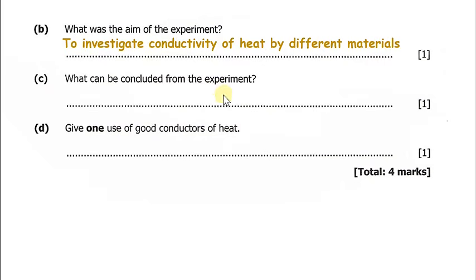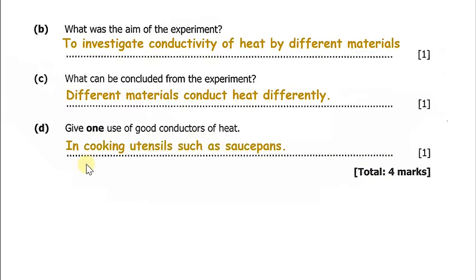From this experiment, we can say that different materials conduct heat differently. Then in D, give one use of good conductors of heat. In cooking utensils such as saucepans, we can use them also in boilers and so forth.